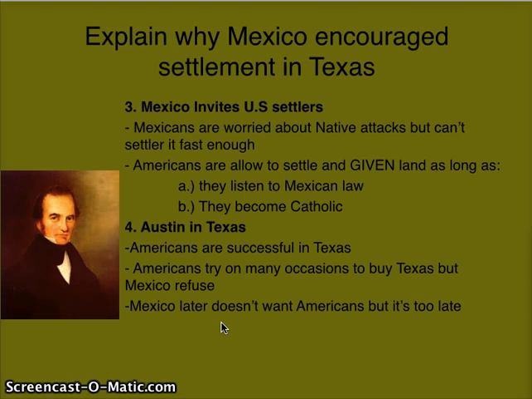One is John Quincy Adams, and later on, Andrew Jackson. Both of them offered to try and buy Texas. Mexico does not like this. Mexico wants to keep Texas. But it's starting to get a little late for Mexico to sort of take that back because now Americans are in Texas.